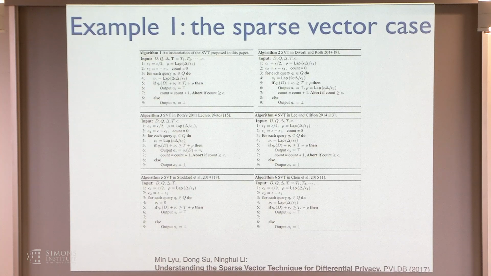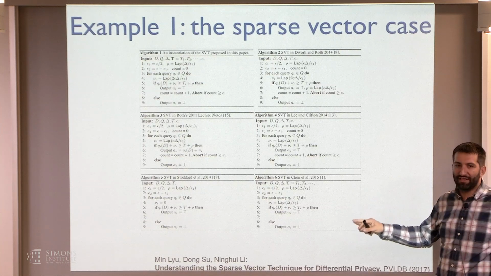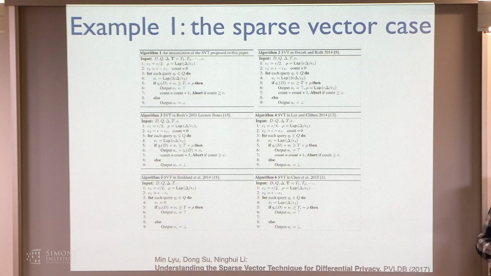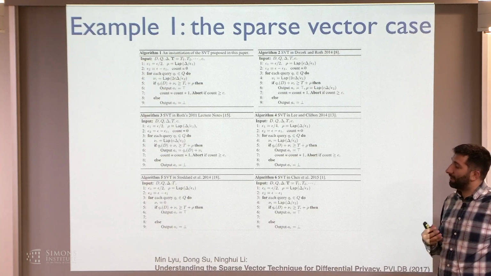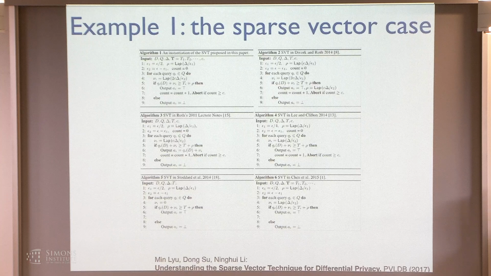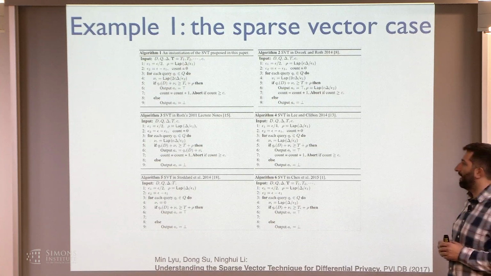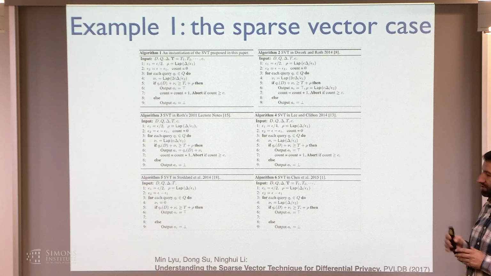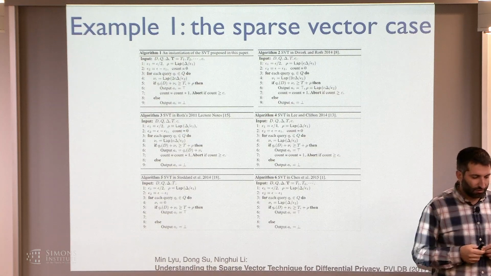For the people that didn't see this slide before, these are six variations of the sparse vector technique that appear somewhere in the literature, and three of them are not differentially private. The problem is that they are small variations, and it's difficult to detect directly if they are differentially private or not. I will come back to sparse vector later in my talk.